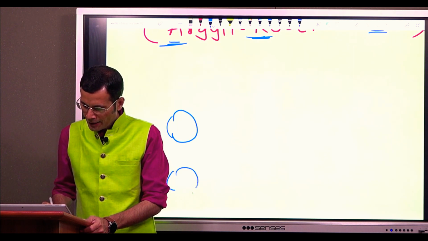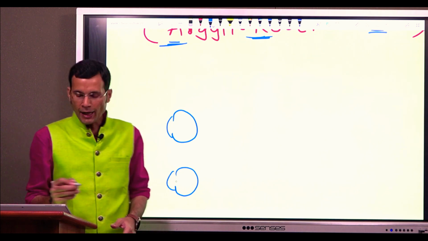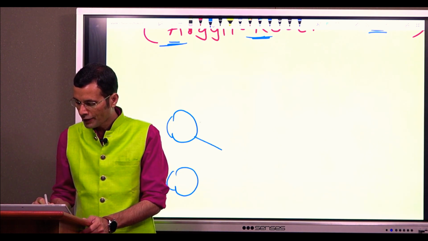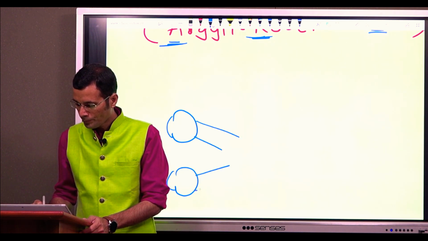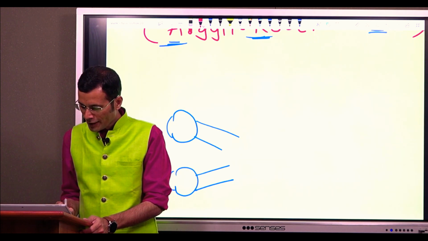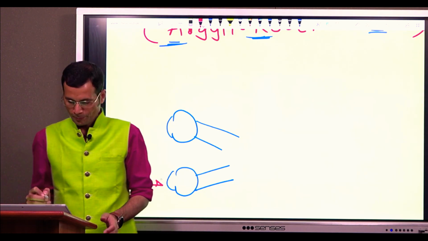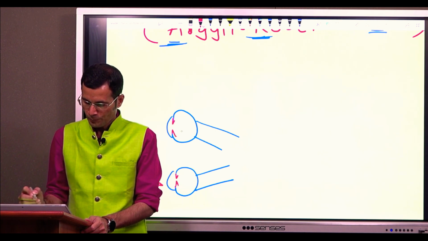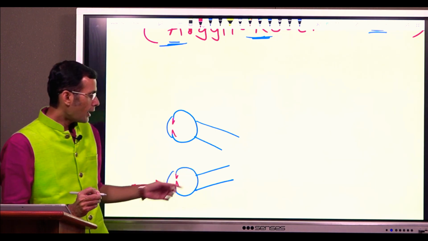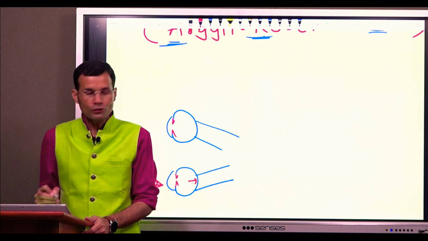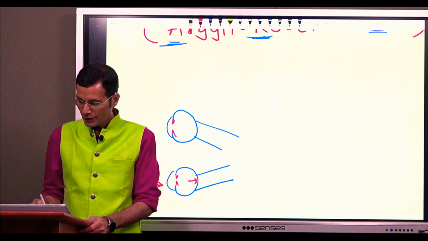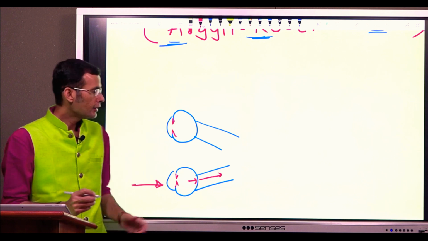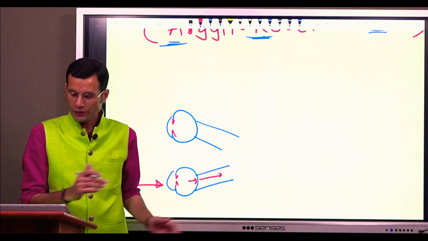If these are our eyes and this is the visual pathway, when the torch light is thrown in one eye, here is the pupil. When the torch light is thrown in one eye, it falls on the retina and impulses about the light are taken by the second cranial nerve.